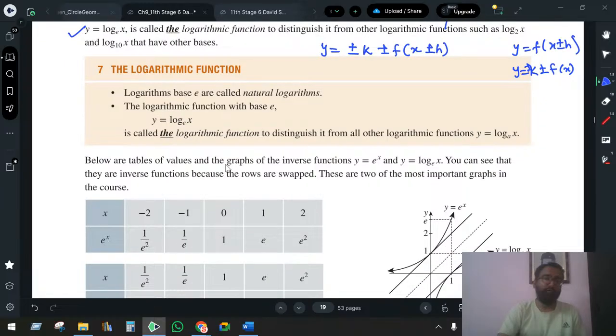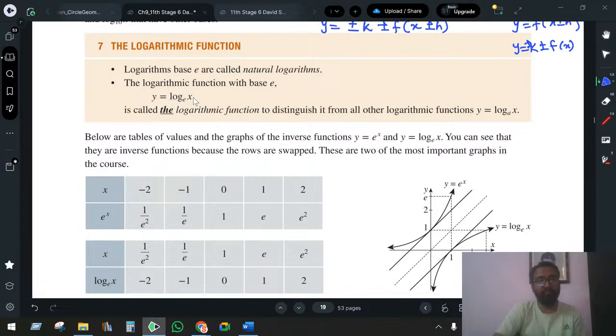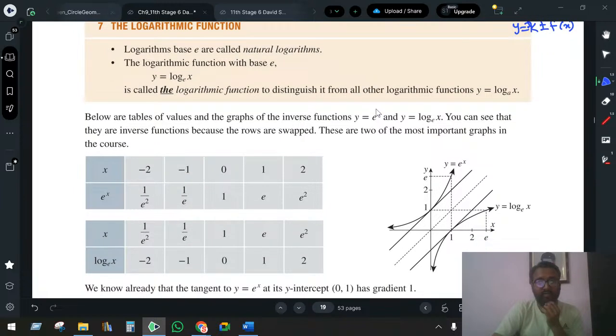So now log means log base e only. When the base is something else, we have to specify it explicitly. The logarithm function with base e is defined by y equals log x base e and is called the logarithmic function, to distinguish it from all other logarithms, y equals log x base a.